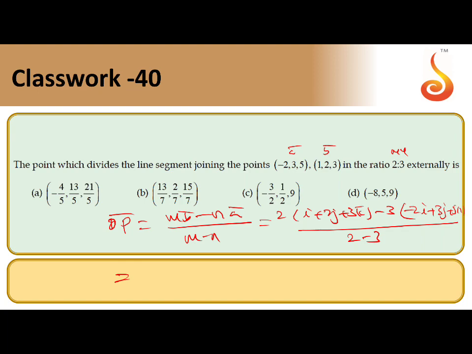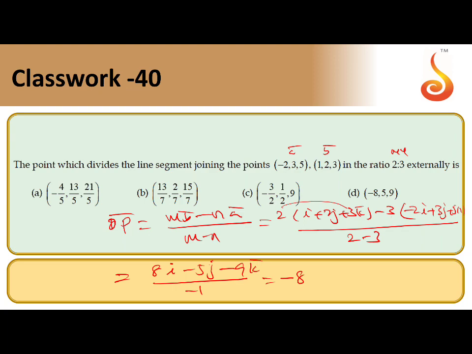2i plus 6i, that means 8i. J terms: 2 into 4 is 4, 4 minus 9 is minus 5j. Next, 6 minus 15 is minus 9k, divided by minus 1.